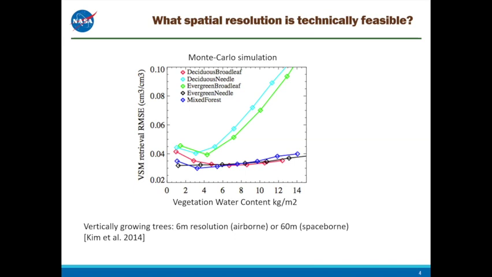So at least if I aggregate the radar image at 6 meter resolution from airborne, or about 60 meter from spaceborne, this simulation indicates that I can achieve this accuracy, and experimental data supports that.